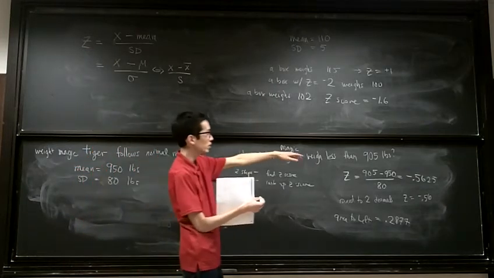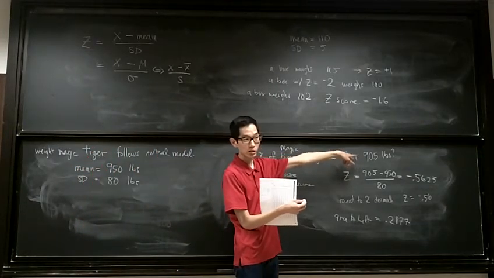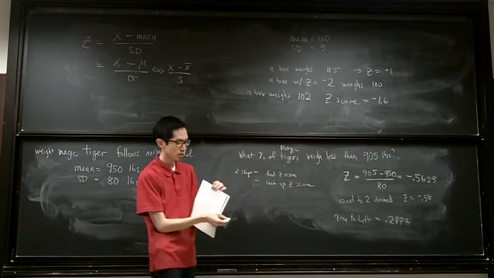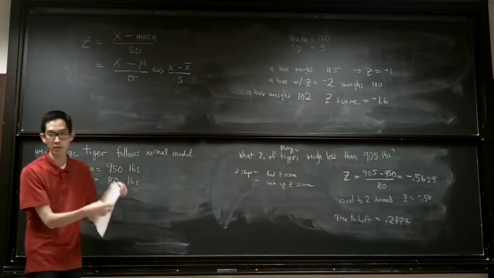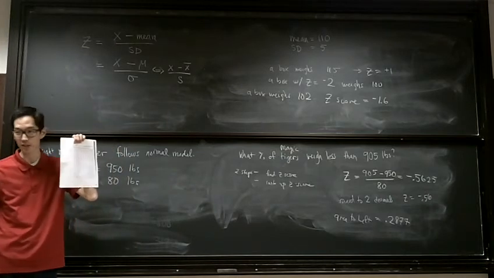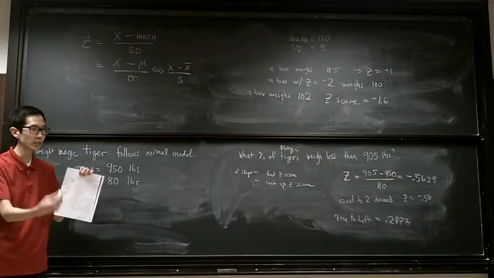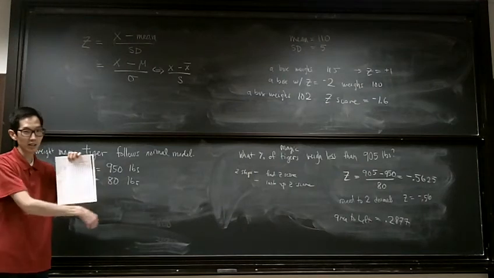In this case, we were given a measurement, a weight. So if we're given a measurement, we look up column and row. And if you're given a probability or area, you look in the area part of the table.